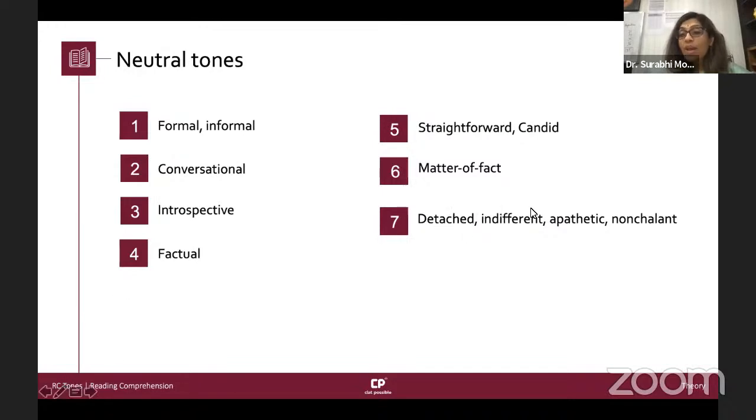A detached or an indifferent tone, however, is not a straightforward or factual tone. A detached or indifferent tone is a tone where the author describes a situation which is painful or heart-wrenching. It could be the recent floods that we are seeing in our neighboring country, Pakistan.